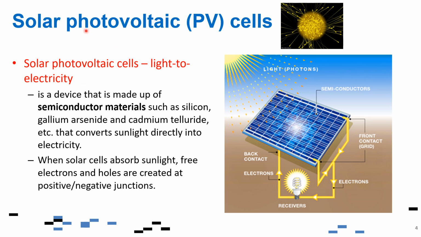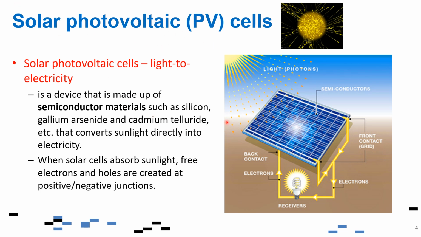From the name itself, solar photovoltaic, the mechanism really relates to the photovoltaic effect, which is a process that generates voltage, the voltaic here, or electric current in a photovoltaic cell. So this is the photovoltaic cell upon exposure to solar light.